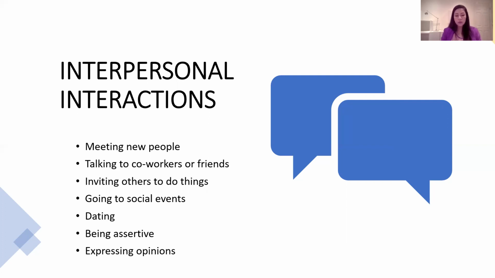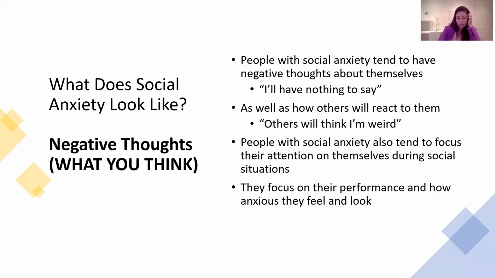Also, some people fear only one single situation, such as public speaking, while others fear and avoid a wide range of social situations. So what does social anxiety look like?